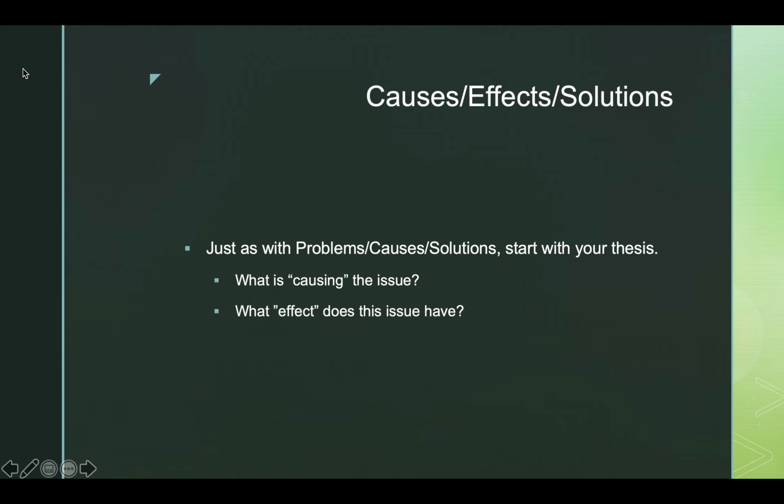What effect does this issue's existence have, either on society, on individuals, on animals? What effect is it having? And finally, what solutions can we offer to whatever is causing it to help make this situation, make this issue, make this topic better? Now, that's pretty much it when it comes to the structure for persuasive speeches.